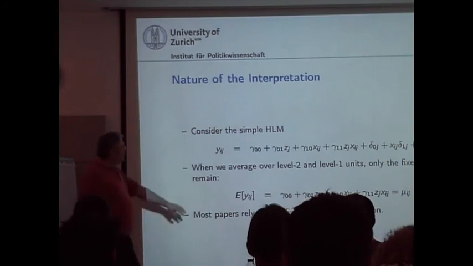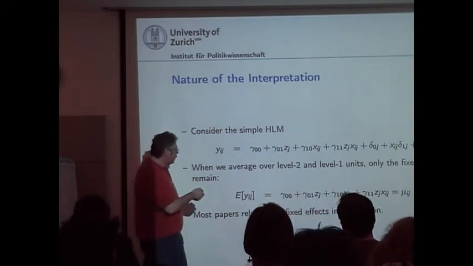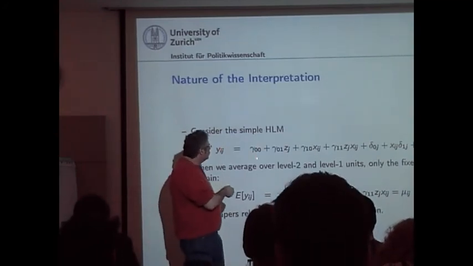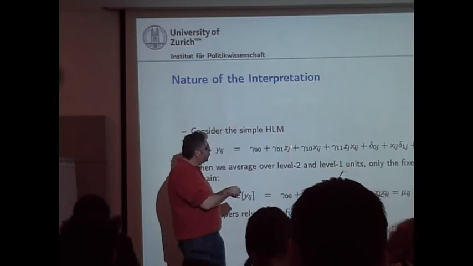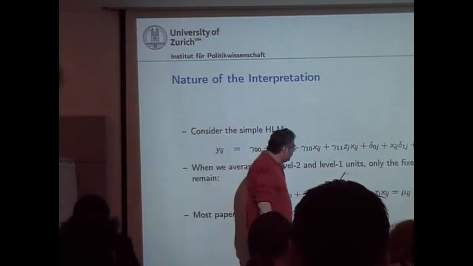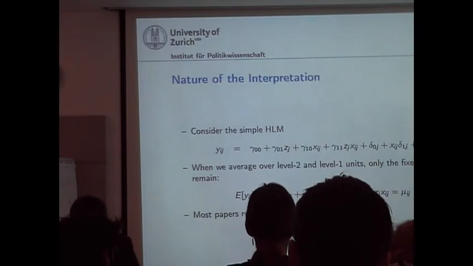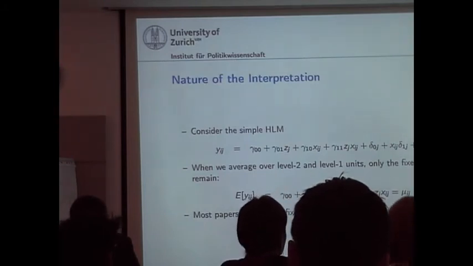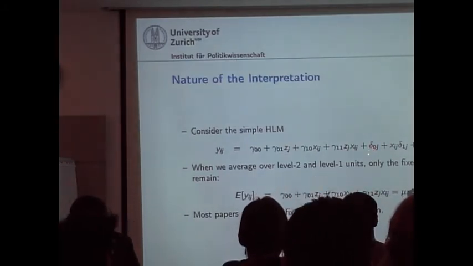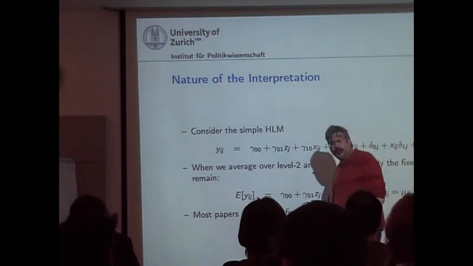So we already saw this model. Outcome, intercept, effect of the level 2 predictor, effect of the level 1 predictor, cross-level interaction, error term. And what is done is to say, well, let's average this over individuals and over states in this case, so that delta 0j, delta 1j, and epsilon ij can all be assumed to be 0.